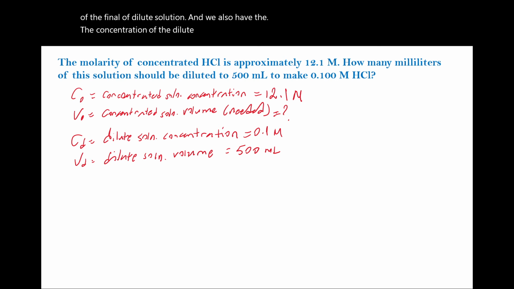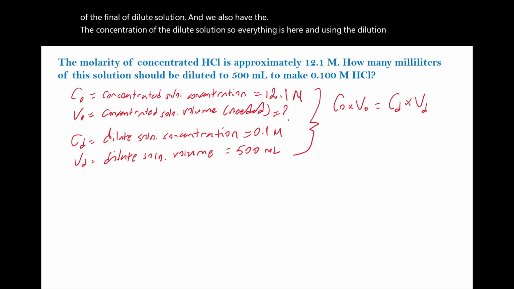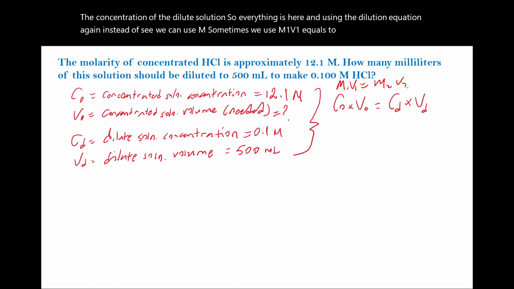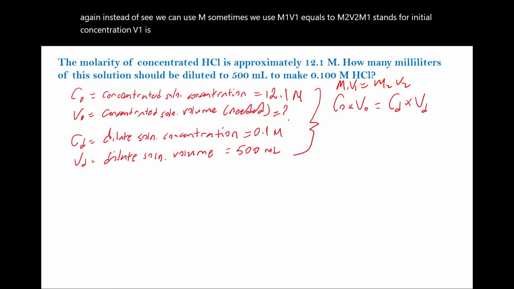So everything is here, and using the dilution equation again, instead of C, we can use M. Sometimes we use M1V1 equals M2V2. M1 stands for initial concentration, V1 is initial volume, and so on. Again, the symbols might be different, but the idea is the same.